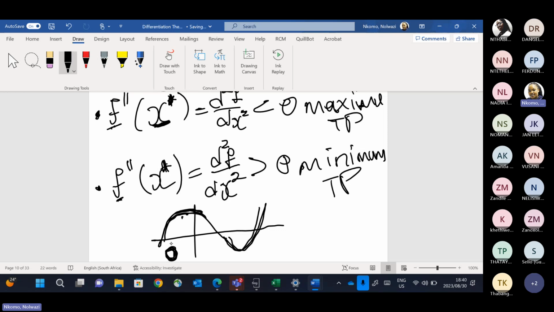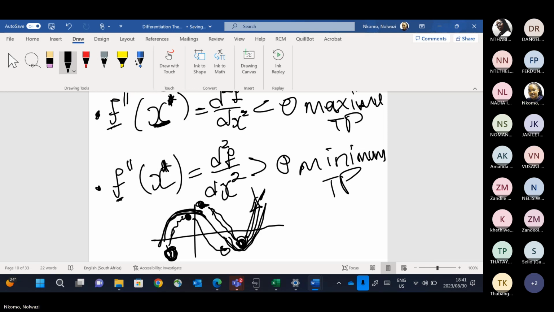If you are throwing the ball from here to here, you'll see it will reach the maximum and then come down, right? And if you are throwing a ball from up to bottom, it will reach the minimum and then it will come up, right?